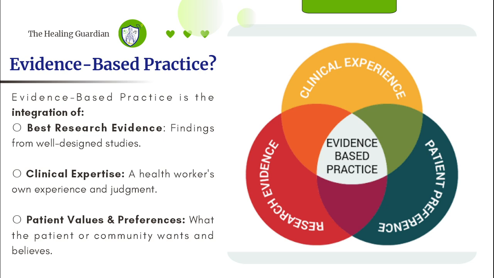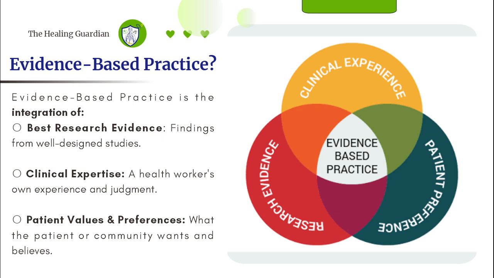Number two, he needs clinical expertise. That is his experience in administering vaccines and talking to people. That is expertise on the side of the clinician. But you also need to value the patient, to consider patients' values and preferences. Usually, patients are concerned about accessibility, about the safety of the intervention.